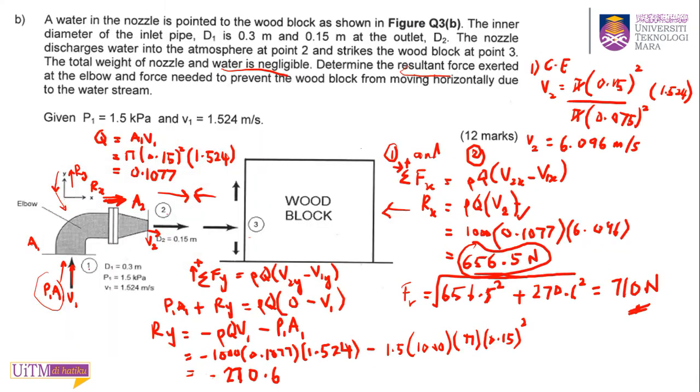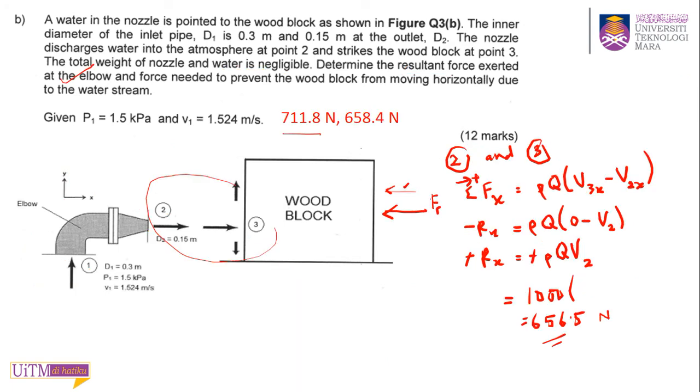Different with this one. So this one it says the water is discharged into the atmosphere. So you don't have any pressure 2 lah. Okay, when it's released to the atmosphere, the pressure is 0. Okay, good question. Any more?